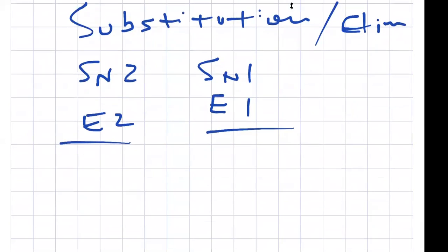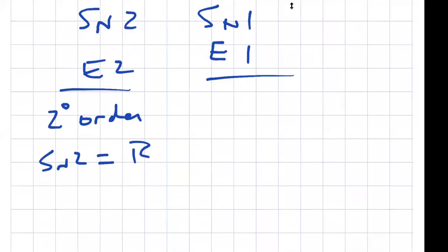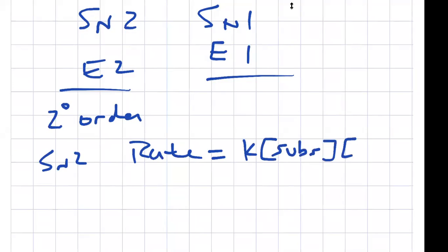For SN2, it's a second order reaction, which means the rate law is dependent on two concentrations. The SN2 rate is the rate constant times the substrate concentration and then the nucleophile concentration.